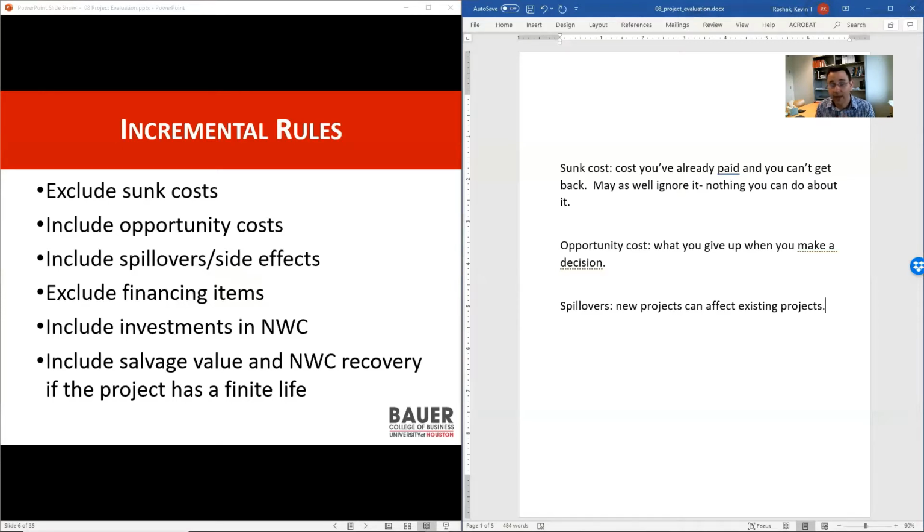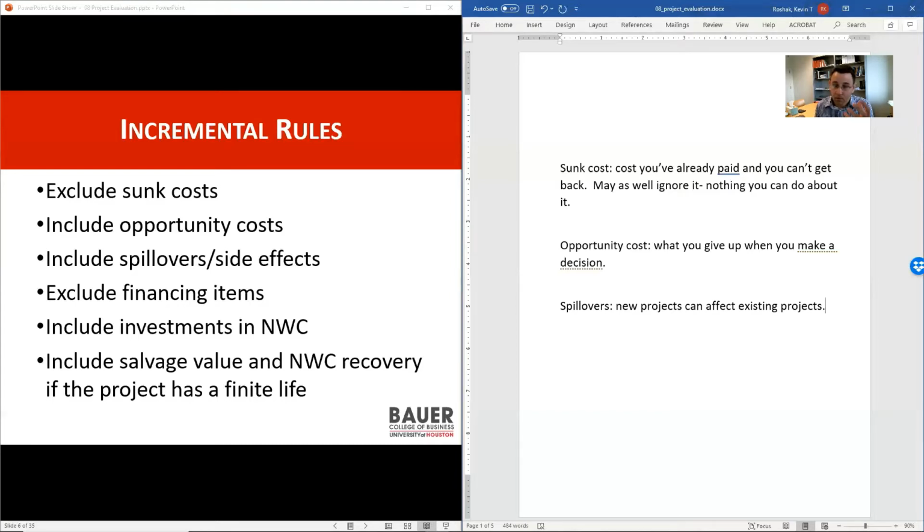So when you evaluate that new project, you have to consider what effect it's going to have on your existing products. And it could be good or bad. If I take a new project, it could draw in sales from the existing stuff. If I launch some kind of advertising campaign for one product, maybe that feeds over and helps sales on another product. That's possible. Or it could go the other way.